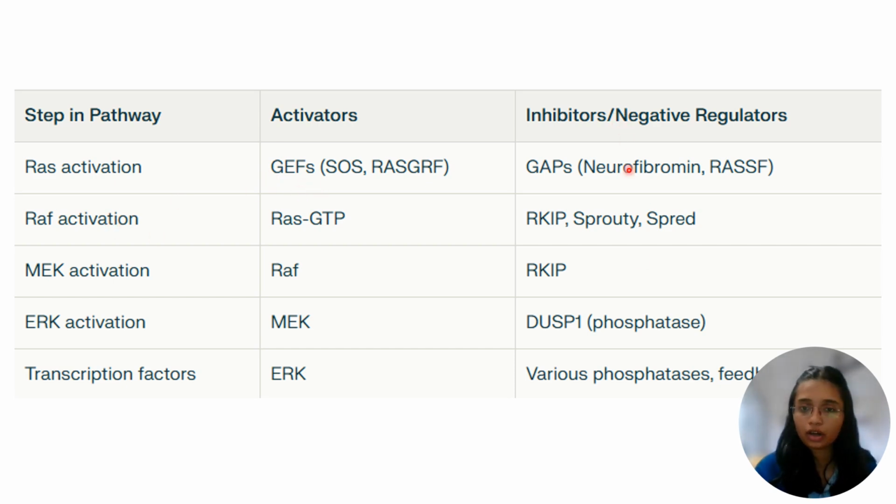In this column, we can see the inhibitors at every stage. In this way, MEK kinase can get activated and inhibited at various steps as per the requirement of our body. So this whole pathway is regulated by these proteins.